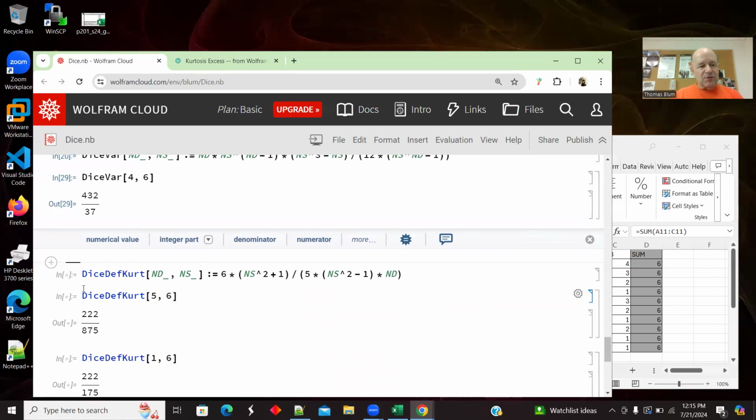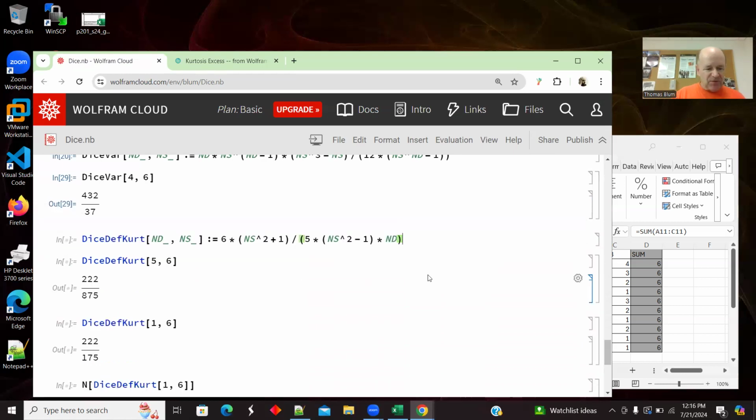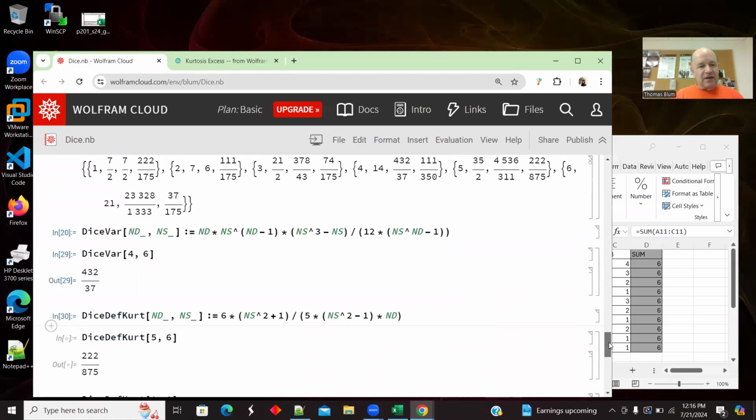And this was the formula. Let's enter it for this deficit kurtosis, and let's do it for 5 6-sided dice. 222 over 87. There it is. Let's do 4 6-sided dice. 1 over 350.